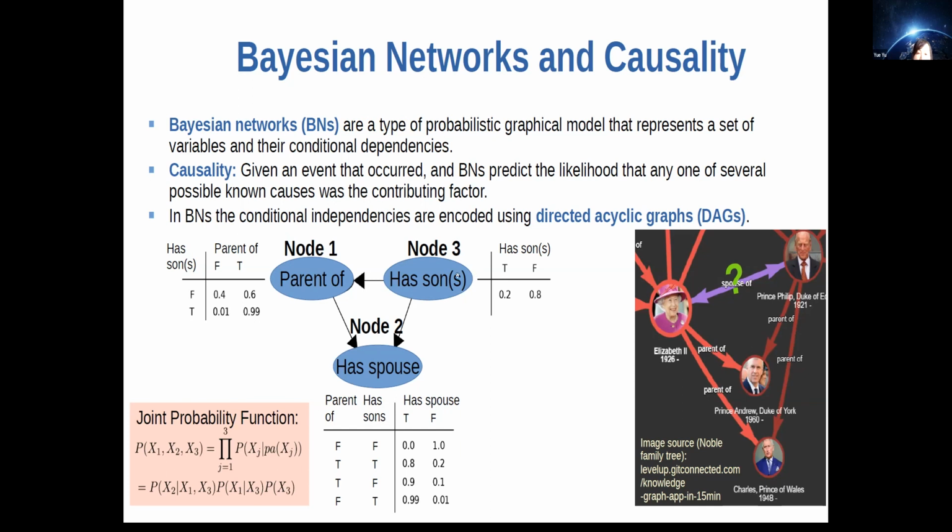And then we know that if Elizabeth has a son, then very likely she is also the parent of somebody, but not vice versa. Therefore, we can draw a directed edge from node 3 to node 1, and then list out the joint probability between them.